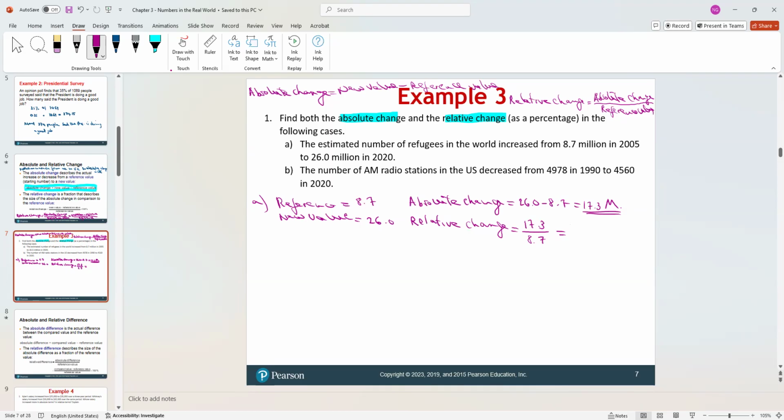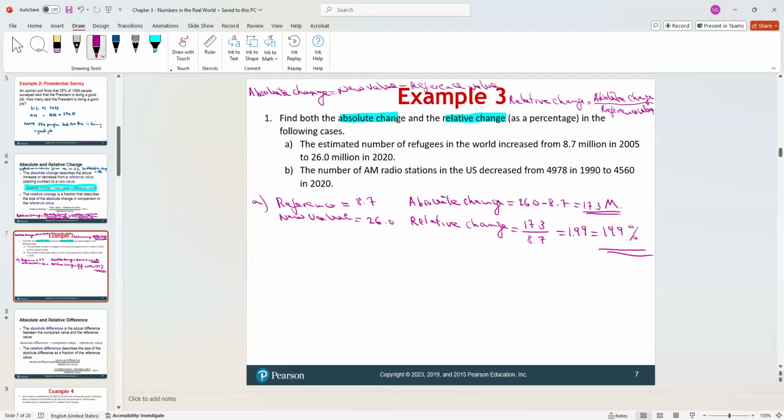So when we do 17.3 divided by 8.7, it gives us 1.99. Oh my God, that's like 199%. So it's in percentages. That means in 15 years, the estimated number of refugees increased by 199%, almost 200%.